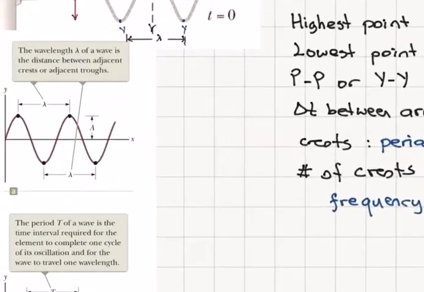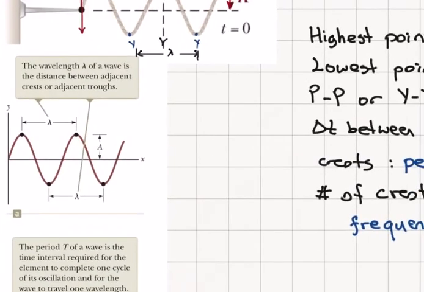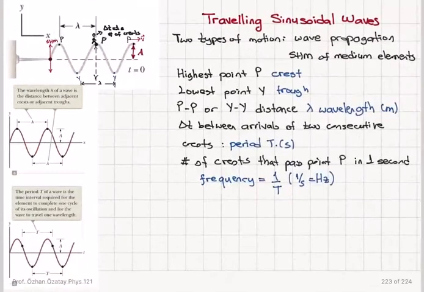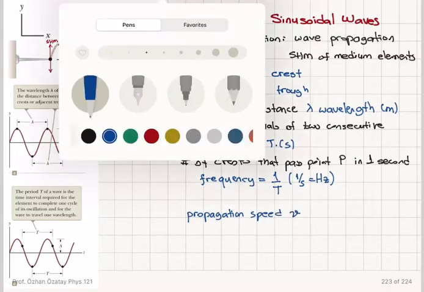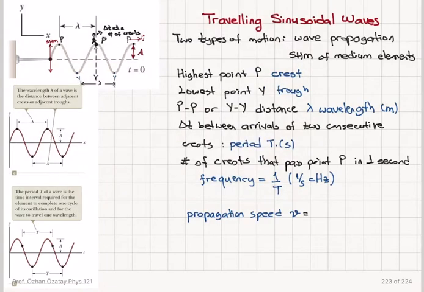Therefore, the propagation speed V is equal to the wavelength lambda divided by the period, or lambda times the frequency.